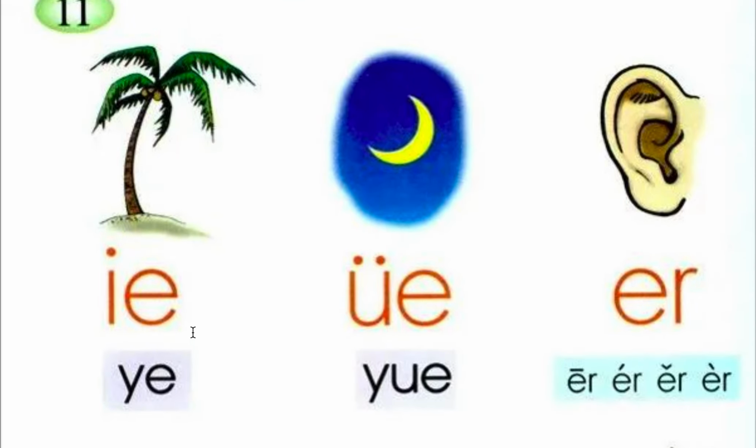Here, IE is pronounced ye, ye. UE is pronounced yue, yue. And when it's Y, the E before this one, because E and E are the same pronunciation, we will not write this one. So E will just be pronounced as E. You pronounce the same.